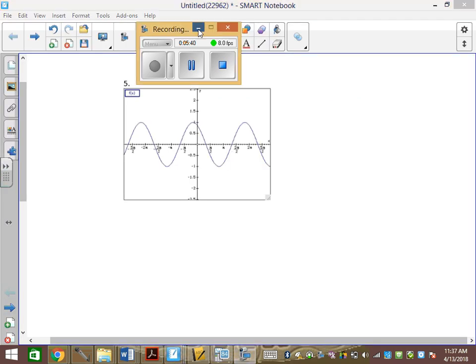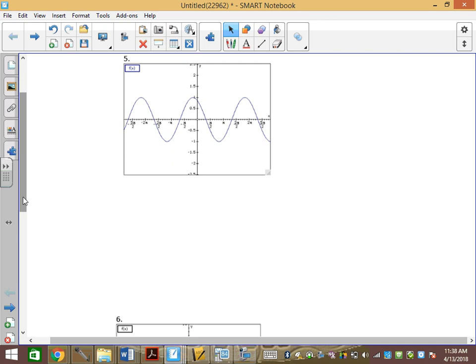This is the first one. My A is based on my what? Amplitude. My B is based on my what? My period. Are the period and the B equal? Can we interchange them? Never.